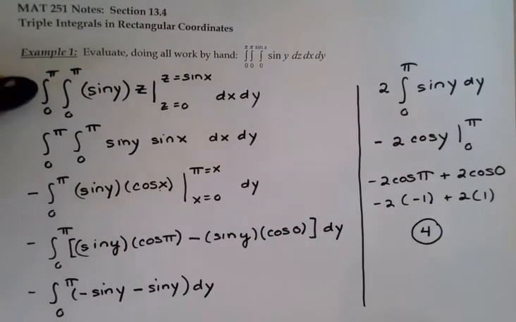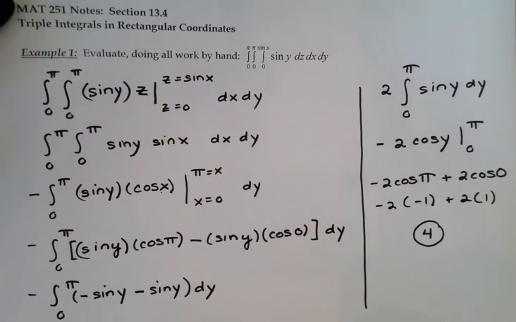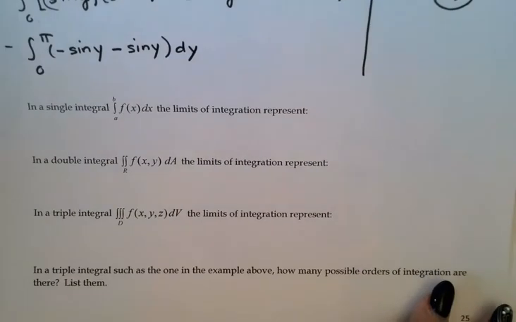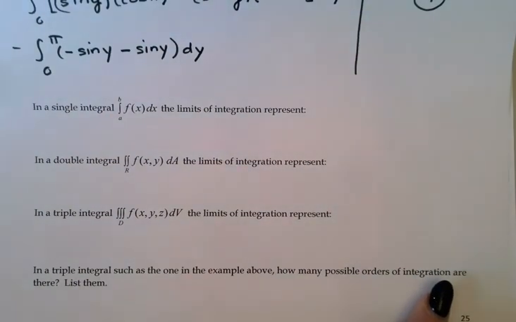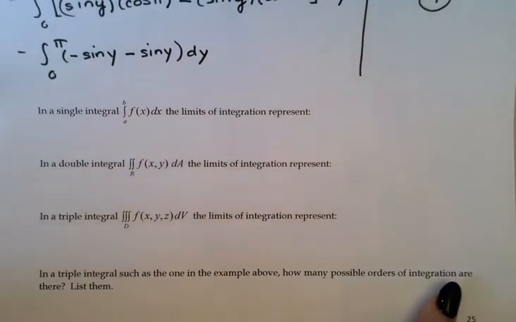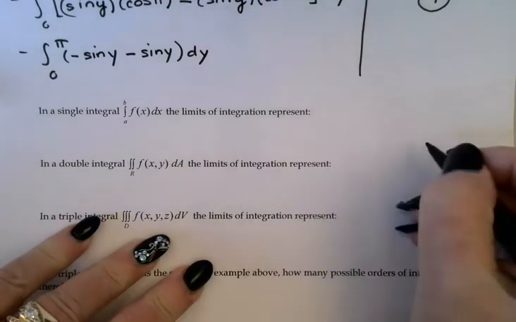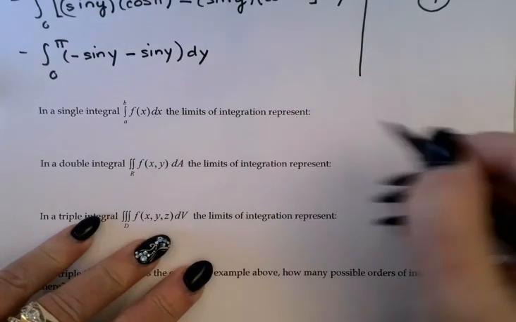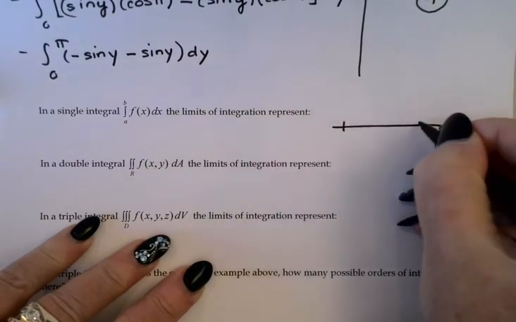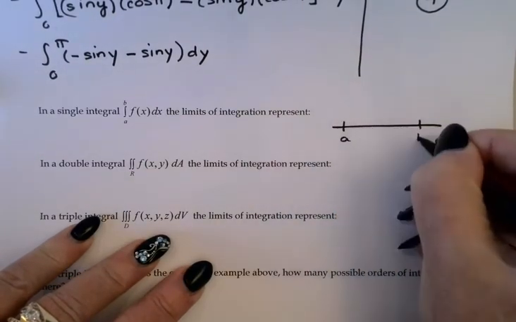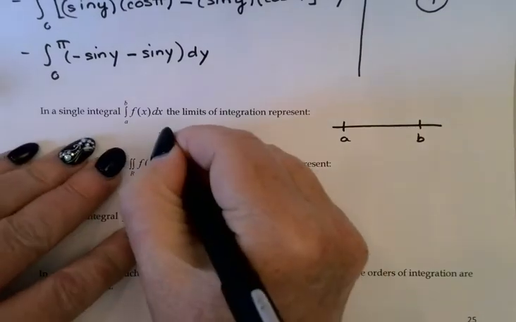All right, I'd like to back off the calculation for just a little bit and talk about what's happening here. If you think back to single integrals, what we did before this class, the limits of integration, the a and the b, really represent just an interval, right? If you're integrating dx, it represents an interval on the x-axis.